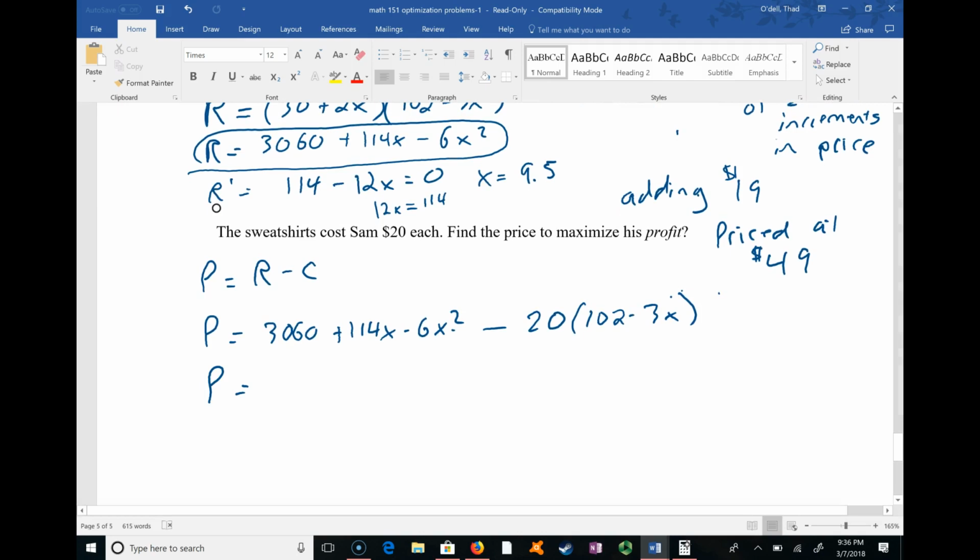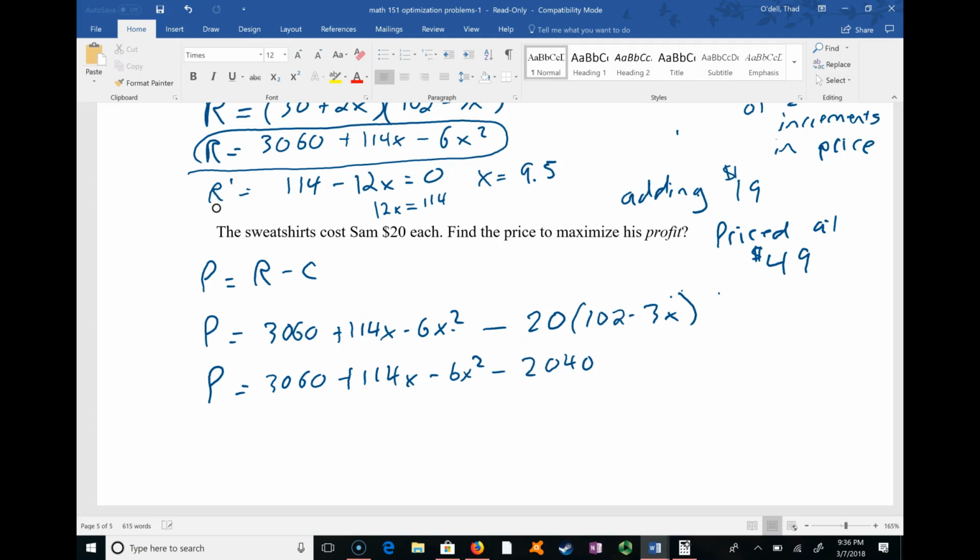P equals 3060 plus 114x minus 6x squared minus 2040 plus 60x. So if we combine all that, 3060 minus 2040 would be 1020.